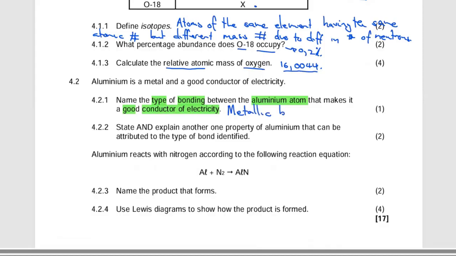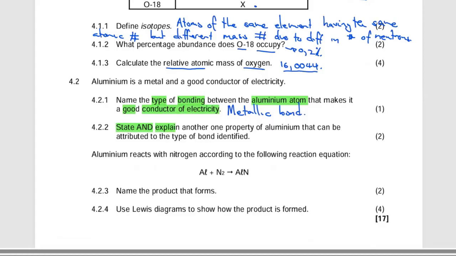So this type of bond enables aluminum to be a good conductor of electricity. Then moving on to 4.2.2, it says state and explain. Not only state, there's a capital letter and, so there's an emphasis. State and explain one other property of aluminum that can be attributed to the type of bond identified.